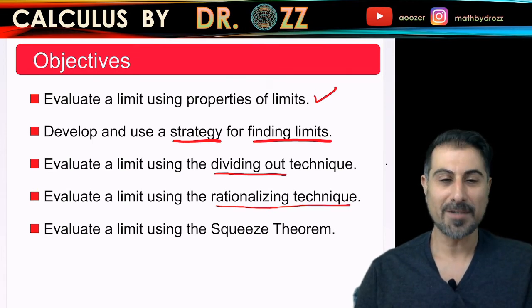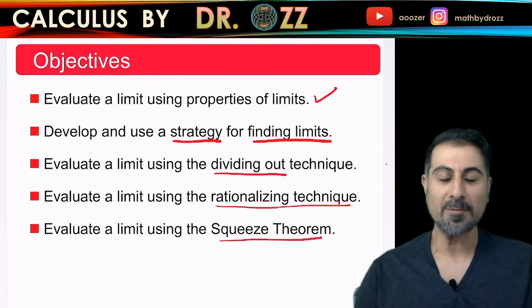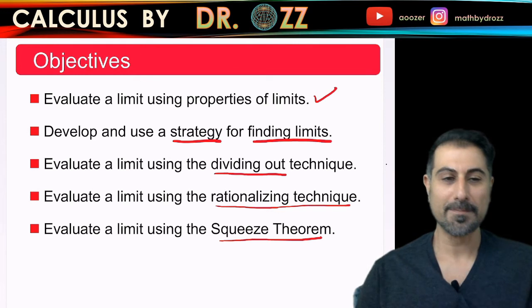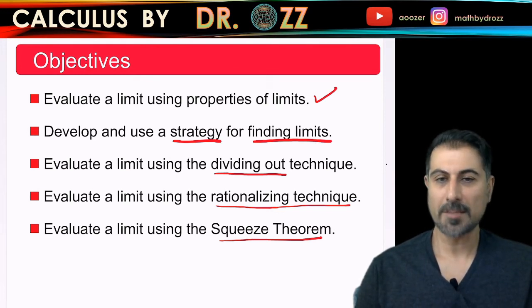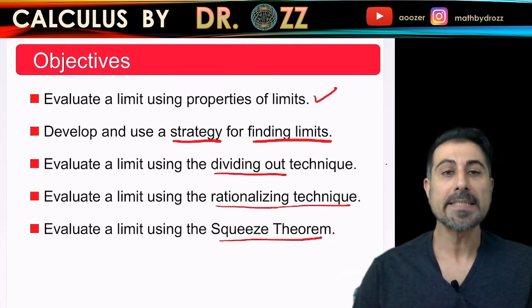And finally, we have a very cool result from calculus called the squeeze theorem to be able to evaluate a limit. Just to give you a heads up, if you can use one of the techniques listed in the learning objectives of this section, you don't need a graphical or numerical approach, a table of sample values, to evaluate limits.